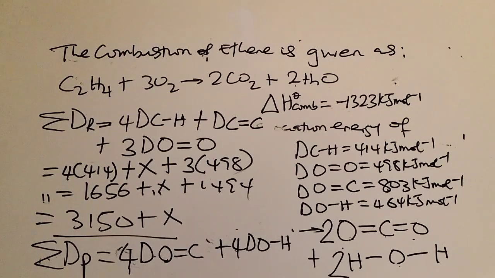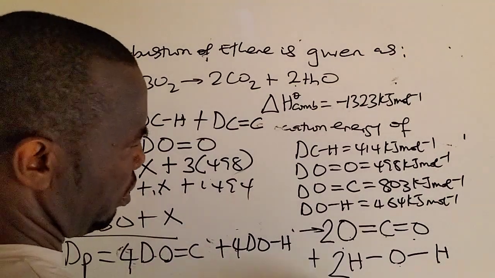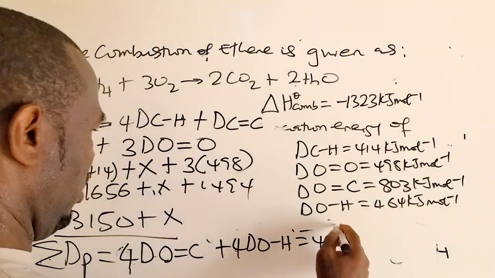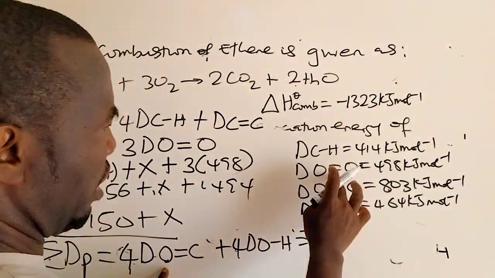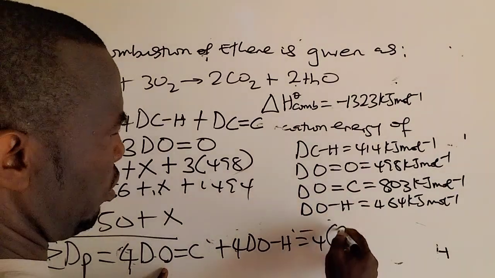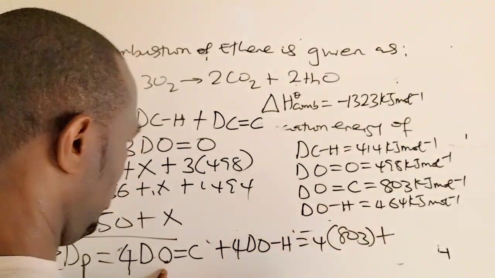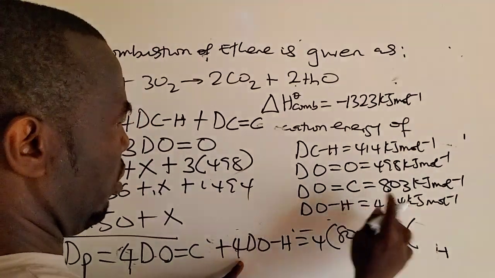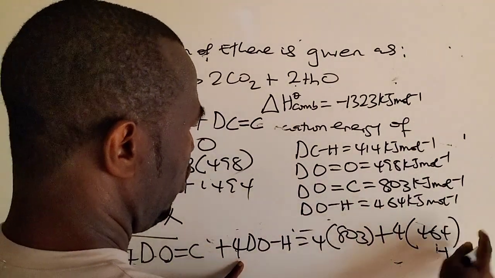Having done that, we'll make a substitution. That becomes 4 times the energy of oxygen to carbon double bond, which is 803, plus 4 times the oxygen to hydrogen bond energy, that is 464. Use a calculator.